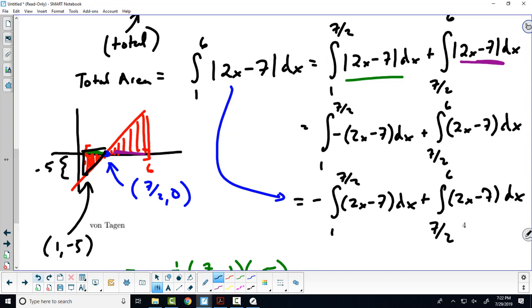I did look at the graph, and I said, oh, I'm going to break it up from 1 to 7/2. Oh, you factor out the -1. Well, that's how I went from this line to this line. I got it. But one way to say it is this region right here, from 1 to 7/2, that's always going to be negative, and so I just tack a negative in front of the integral, and that makes it a positive quantity. Gotcha.